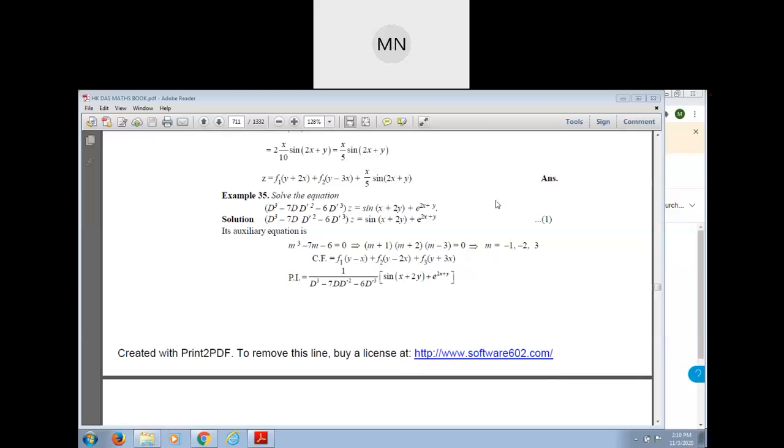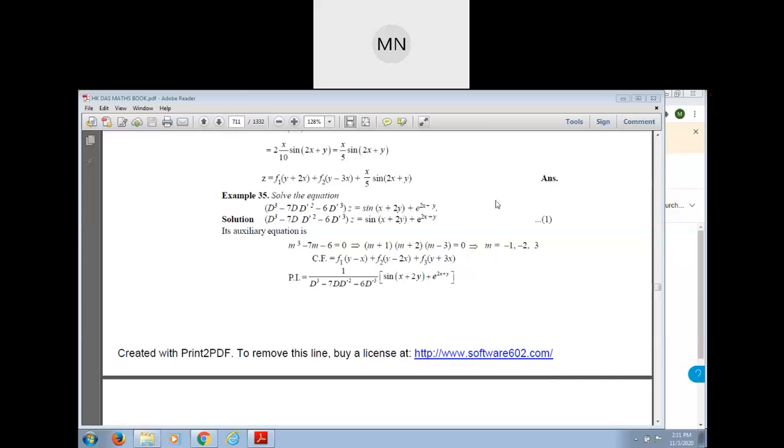If we put m equals minus 1, then it is 0. So m equals minus 1 satisfies this equation; it is a root of this equation.